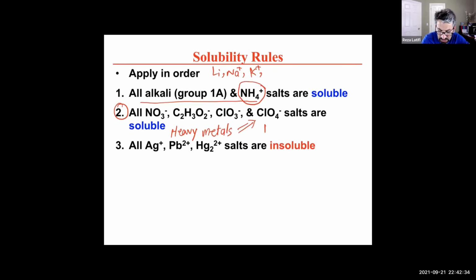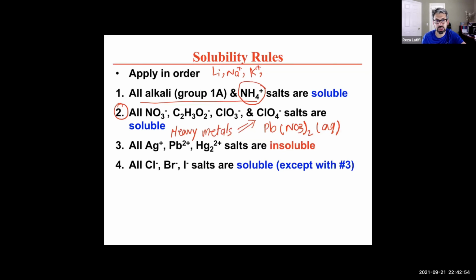So if you pair, for example, lead with nitrate, it will be soluble. Okay, so they will be insoluble, but if they meet any anion from number 2, they will be soluble.